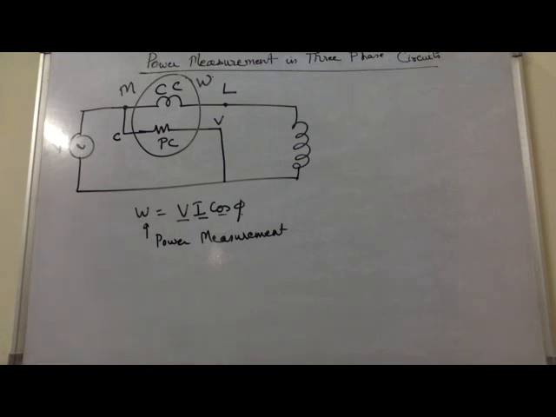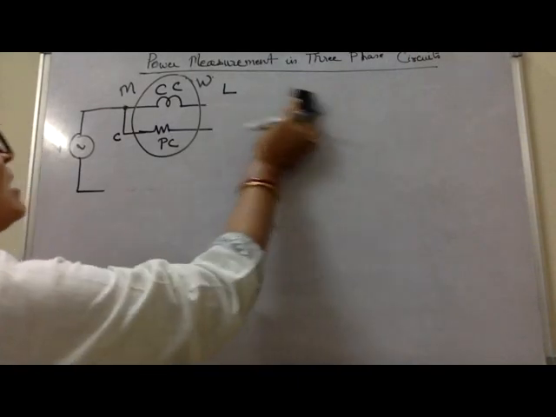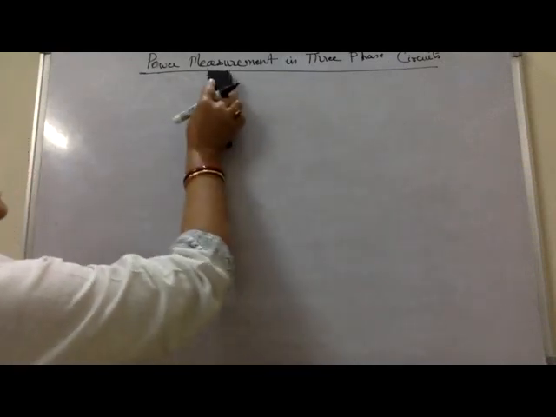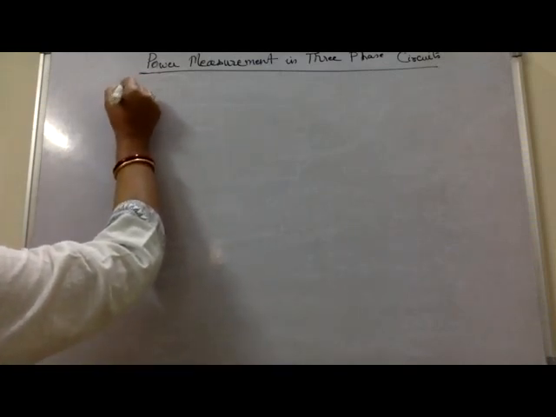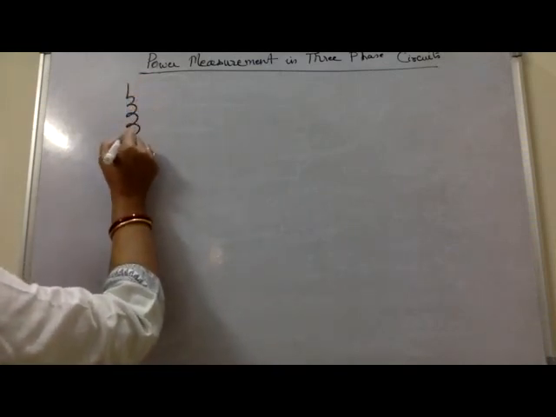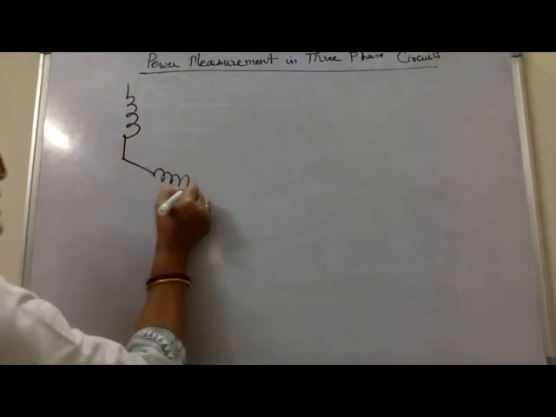Now in three phases, you will connect this wattmeter in all the three phases, or if it is a balanced connection, we can have the connection in one phase only, because we assume the other phases are similar and therefore it will be multiplied by 3.